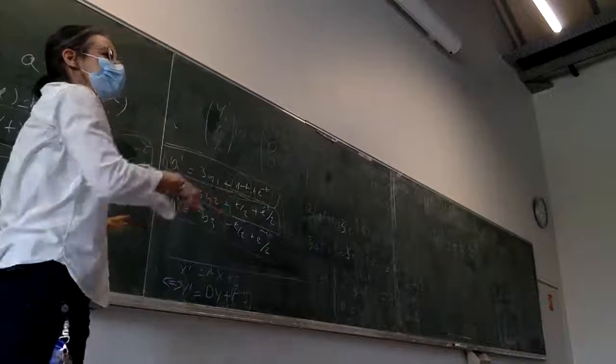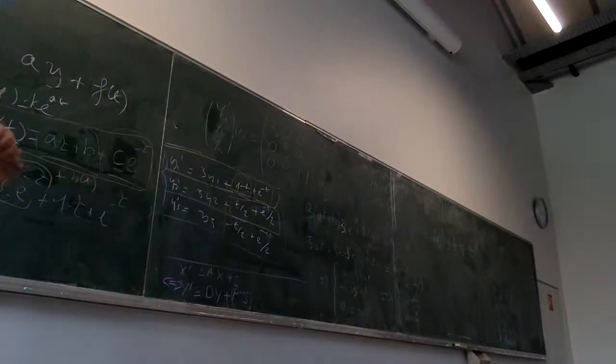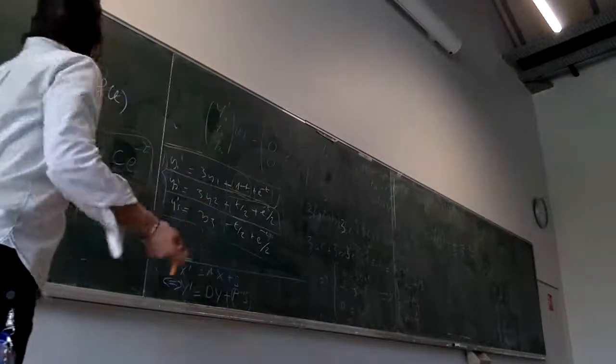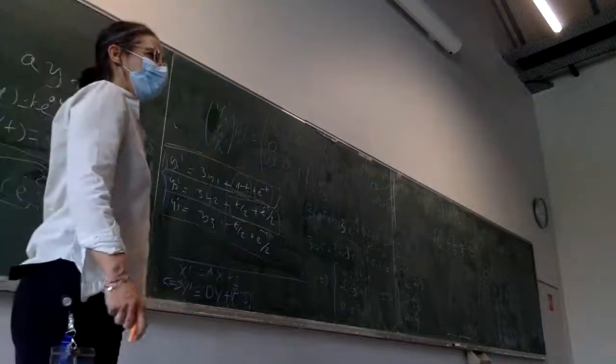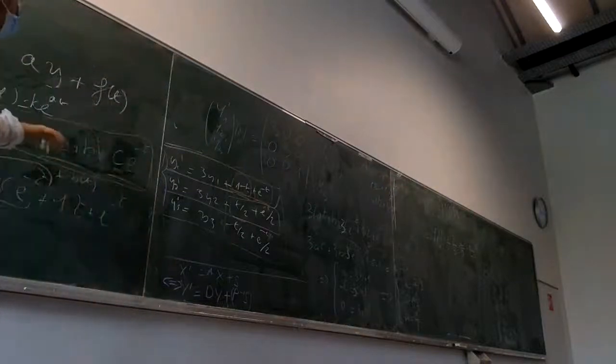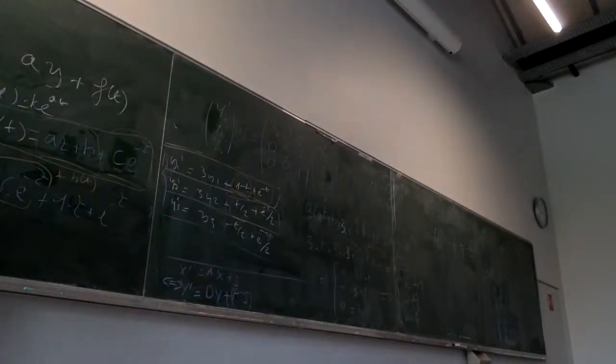But all these cases are detailed in the lecture notes, so read them again. If you're more comfortable with variation of parameters, do it. I guess it would be about the same time for solving with variation of parameters in that case, or using the particular solution.